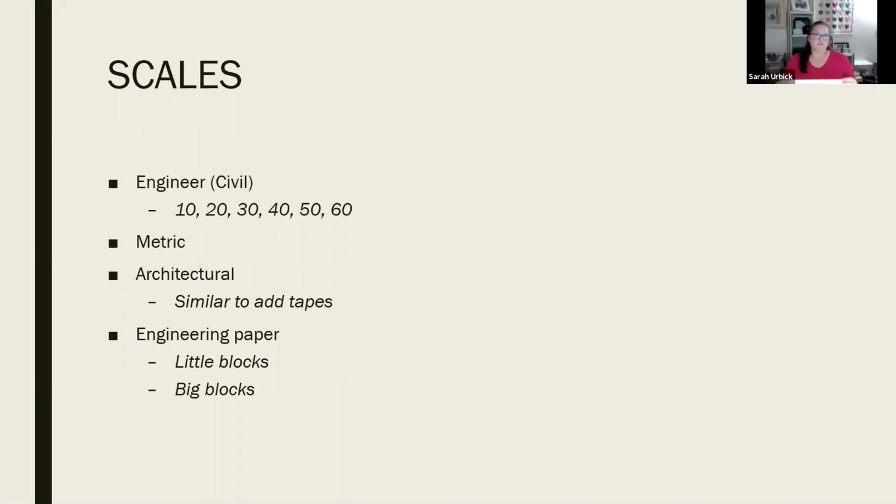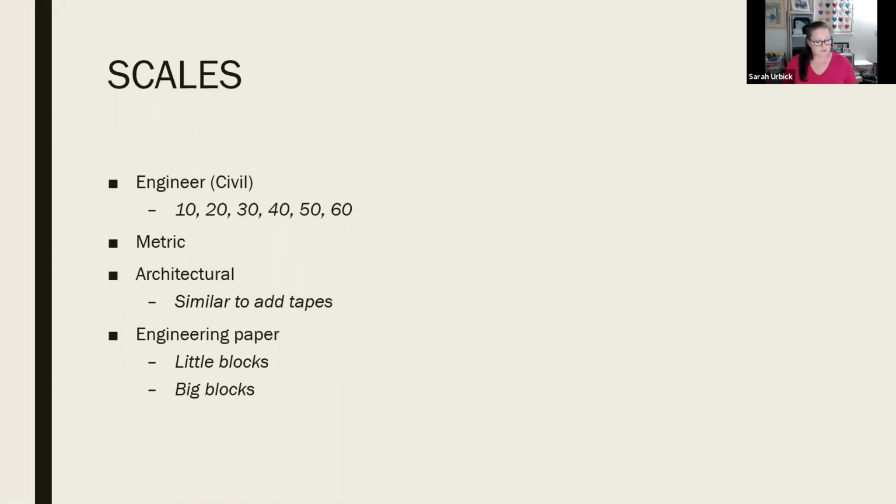So if you've ever done any kind of carpentry or construction where you've had a bulky, big tape measure, you might look at it, it could be an engineering tape where it's divided by tenths, or it could be an architect's tape where it's divided by 16ths. So be sure you know what tool you've got to measure.